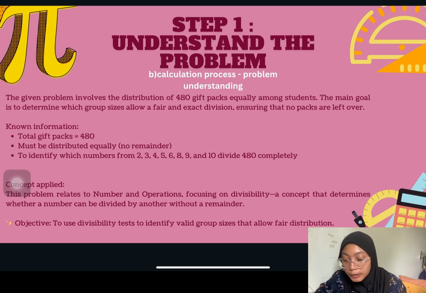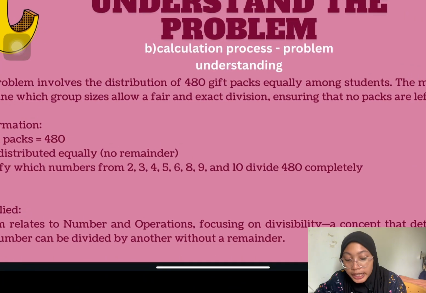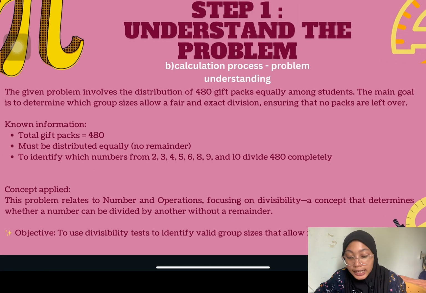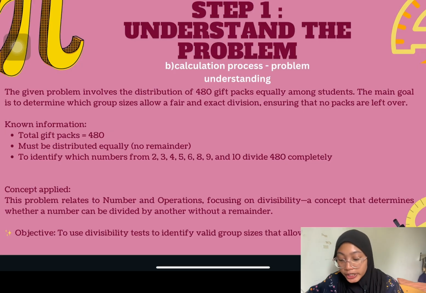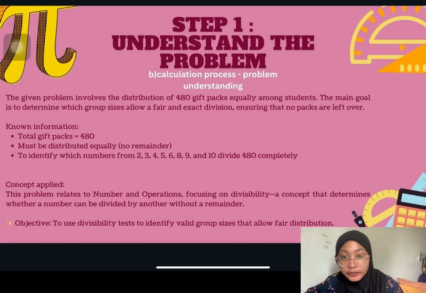The given problem involves the distribution of 480 gift bags equally among students. The main goal is to determine which group size allows a fair and exact division, ensuring that no bags are left over. In this question, the information we know is that the total number of gift bags is 480, and we must distribute equally, which means no remainder. We need to identify which numbers from 2, 3, 4, 5, 6, 8, 9, and 10 divide 480 completely, with no remainder.